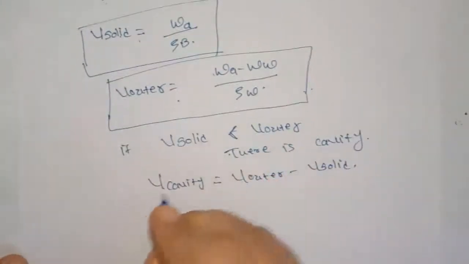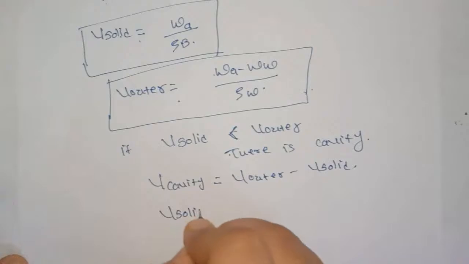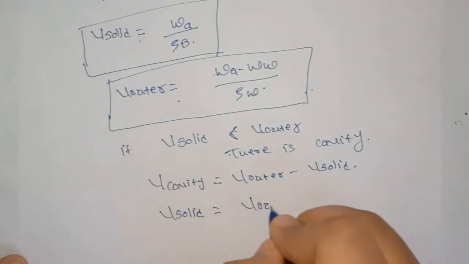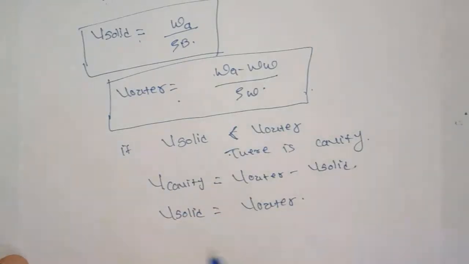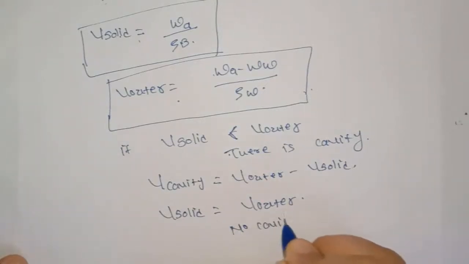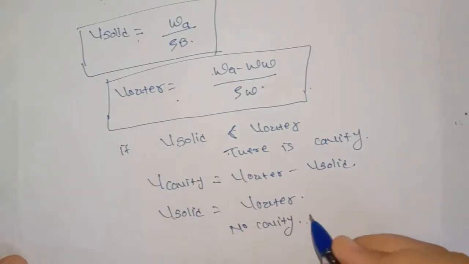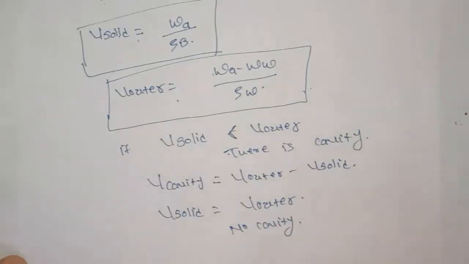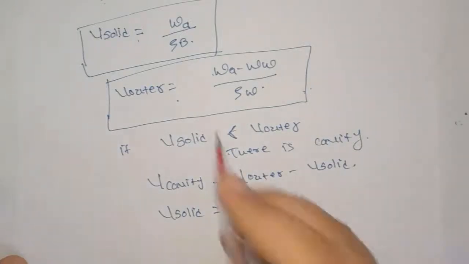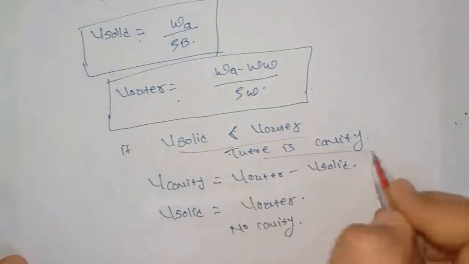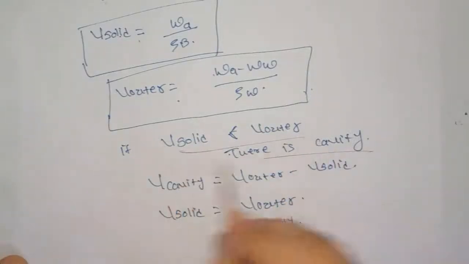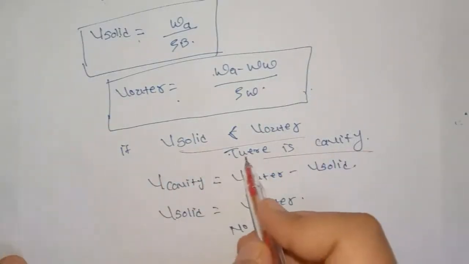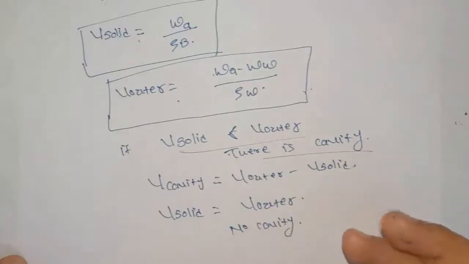But if V solid is equal to V outer, then no cavity, so volume of cavity will be 0. So the condition for cavity is V solid should be less than volume of outer part.